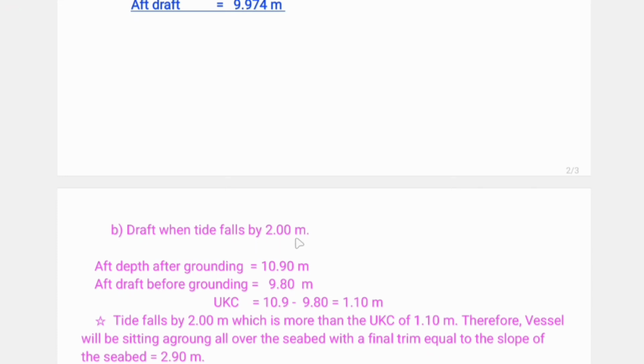Drafts when the tide falls by 2 meter. Aft depth after grounding is 10.9 meter. Aft draft before grounding is 9.8 meter. Therefore, UKC is 10.9 minus 9.80, which is equal to 1.10 meter.